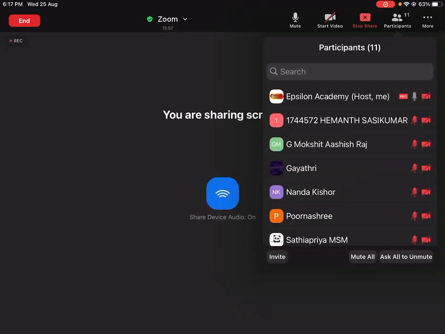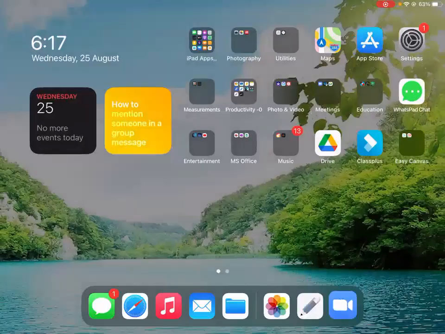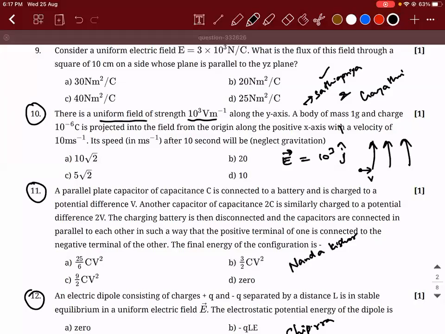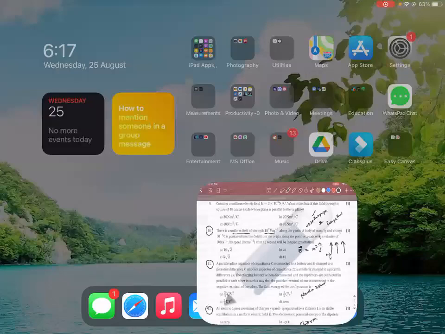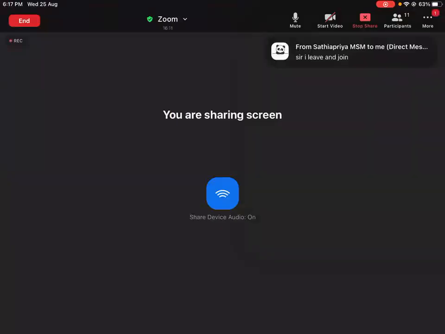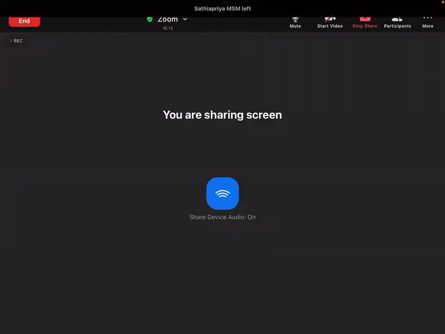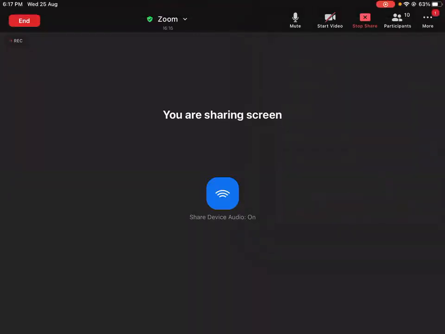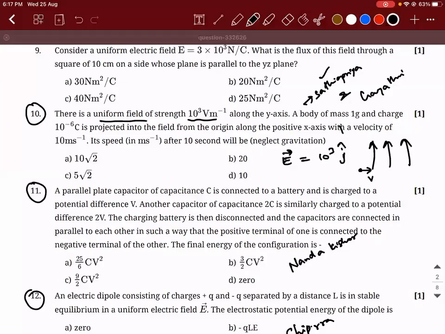What is the path traveled by the particle when it is projected perpendicular to the electric field? Gayatri, you tell me.